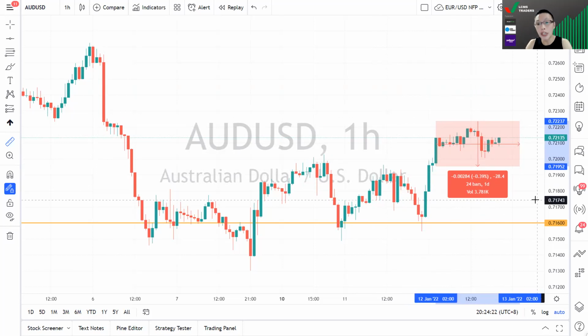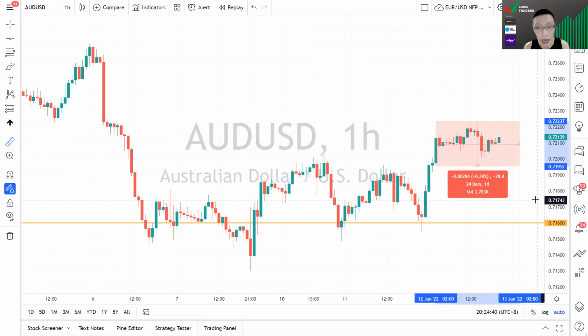The range must be tight. Depending on the time frame, on H1, a 30 pips range drawn over here is definitely considered a tight range.